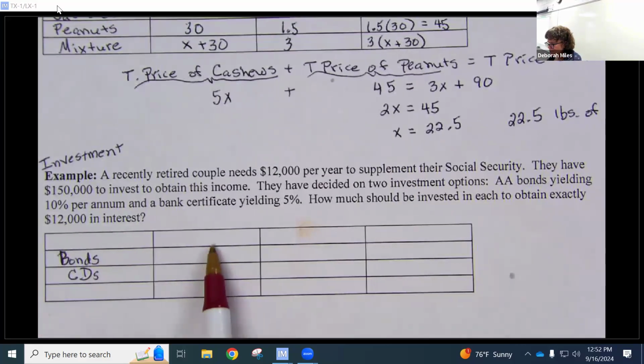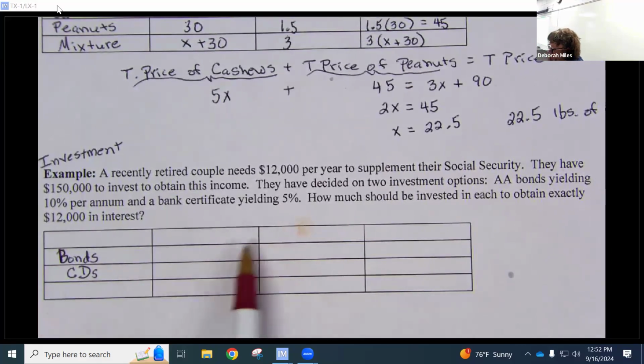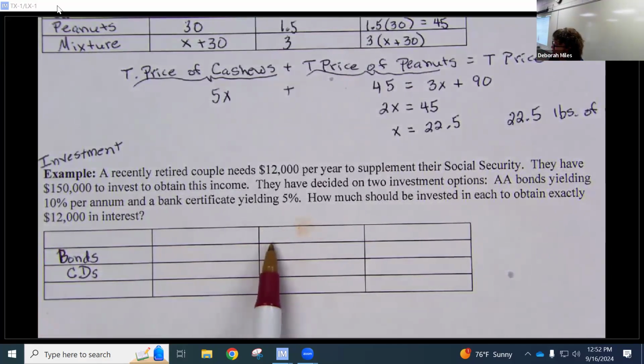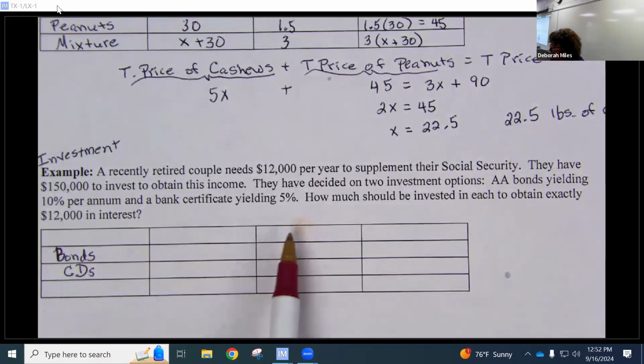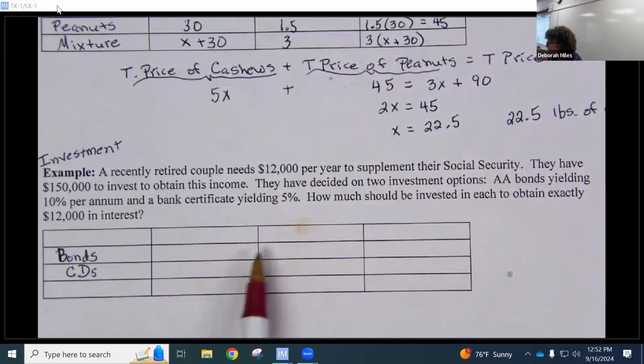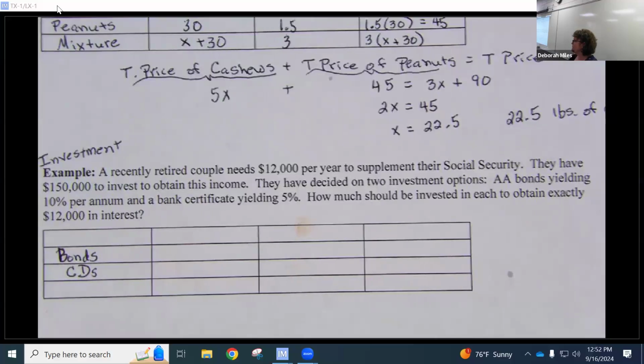One other very important thing I want you to pull from the dark recesses of your brain. What's that interest formula that we've been dealing with since a long, long time ago? How do you calculate your interest on an investment?